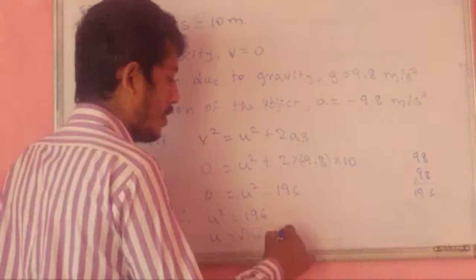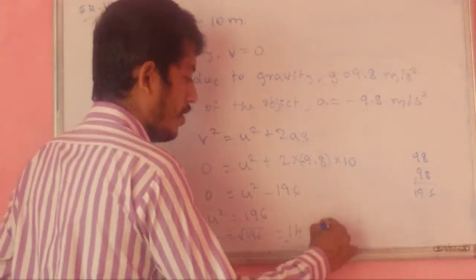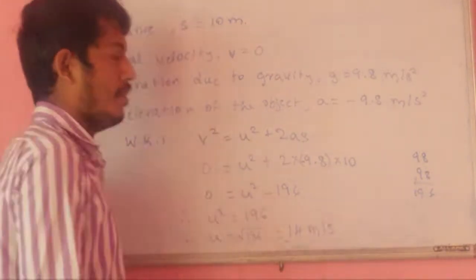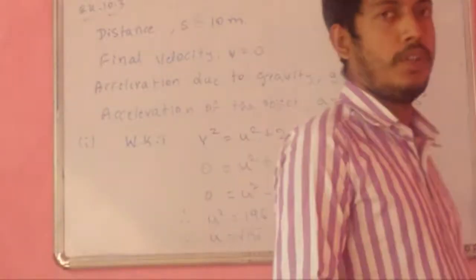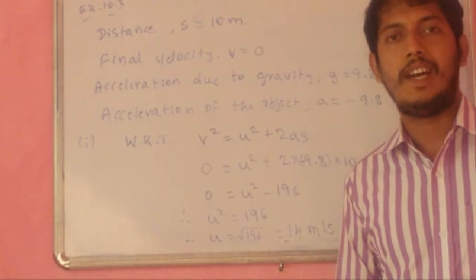Okay, square root of 196 means it is 14 meter per second. So this is the initial velocity of the object with which it is thrown in the upward direction.